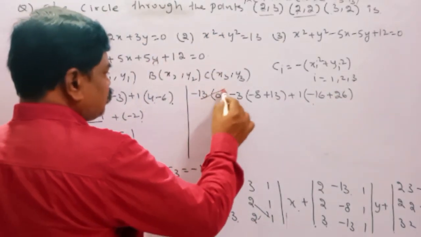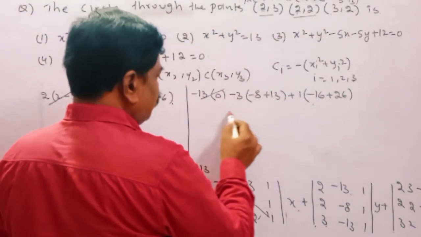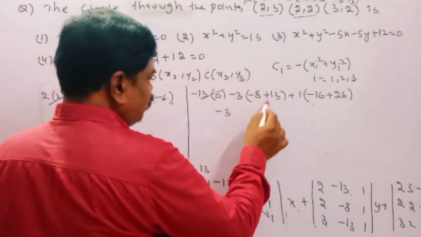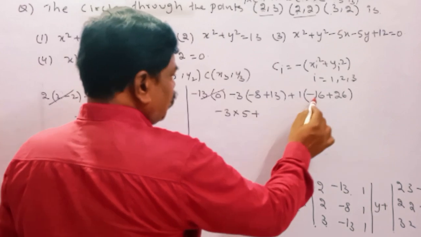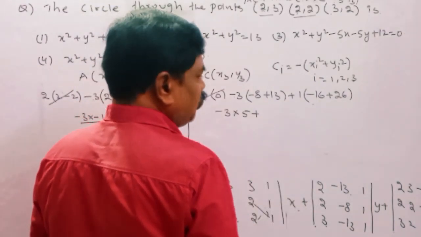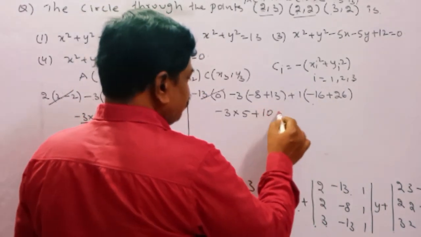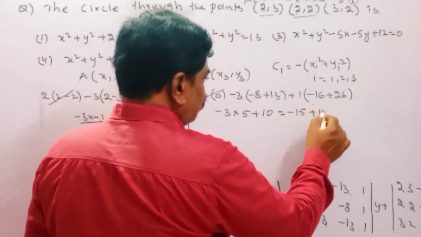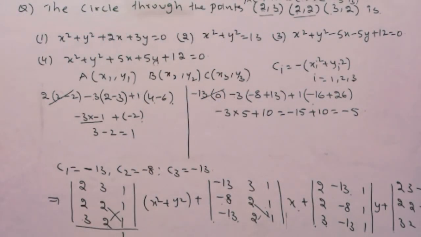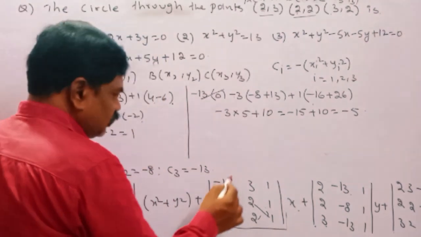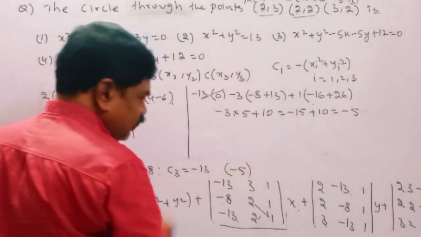Okay, all of you, this will be 0. Minus 3 into 5, plus minus 16 plus 26 is 10, so minus 15 plus 10 is equal to minus 5. So this value is minus 5.